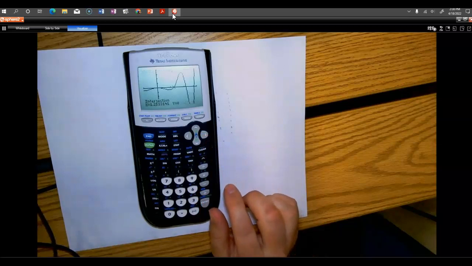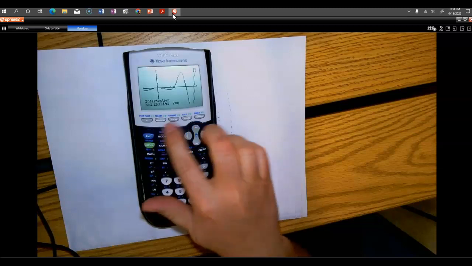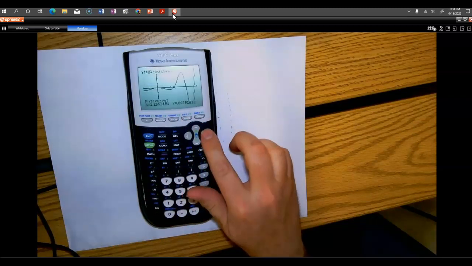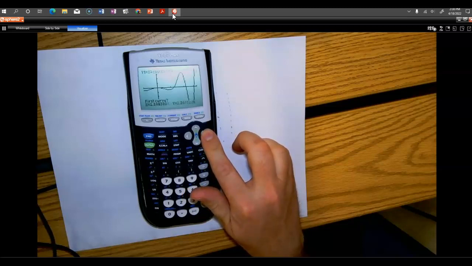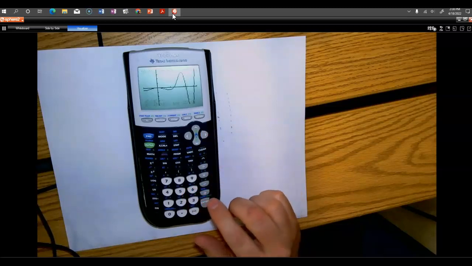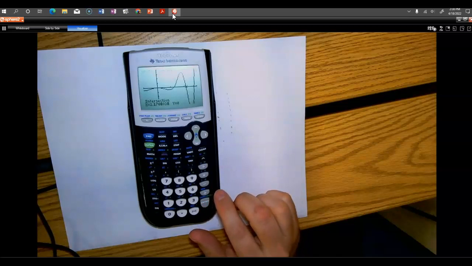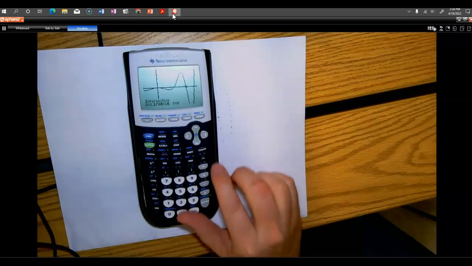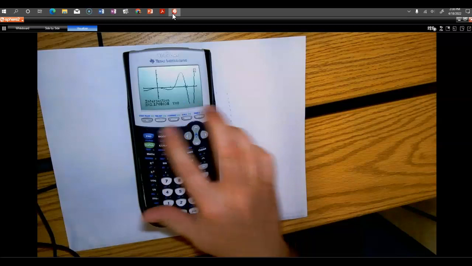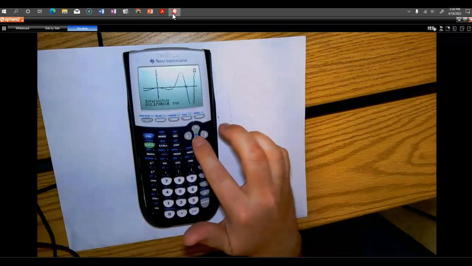So there's one answer. It's 1.253. And we'll find the other one. There's another one, 2.170. And we have one more to find over there.